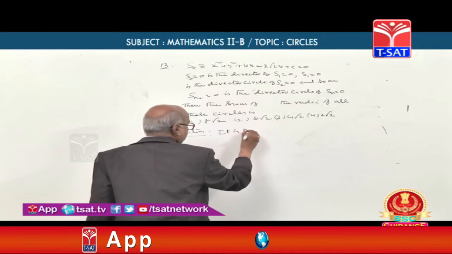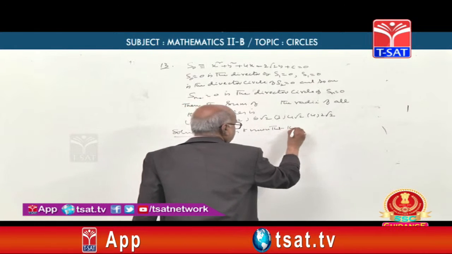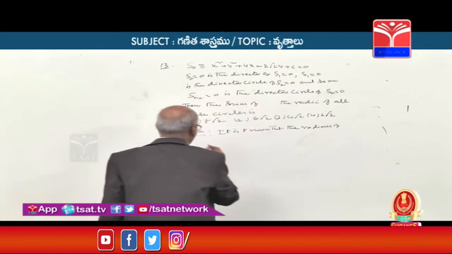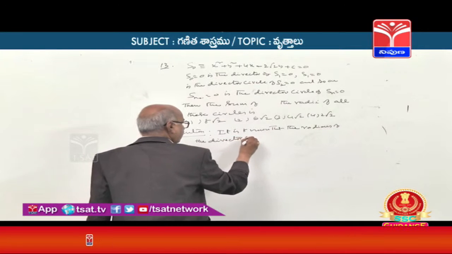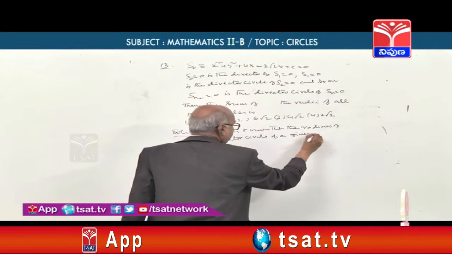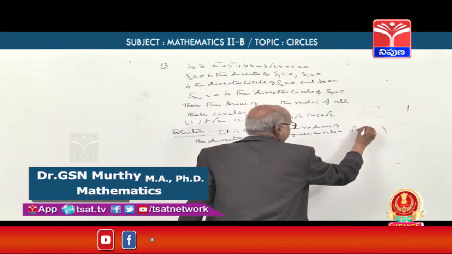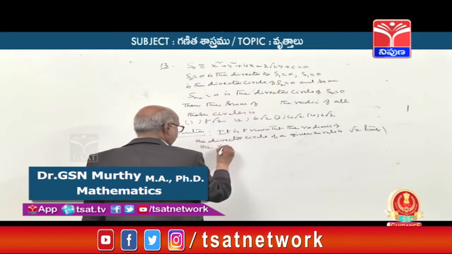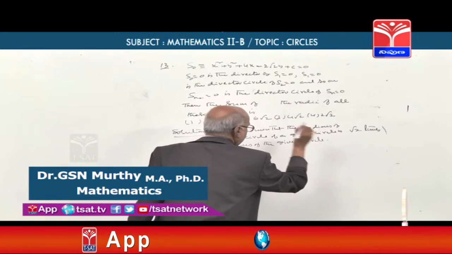I told you, it is known that the radius of the director circle of a given circle is root 2 times the radius of the given circle. Okay.